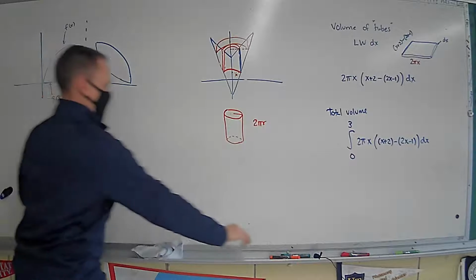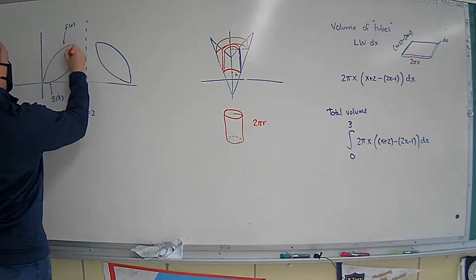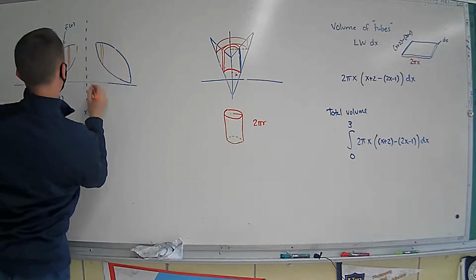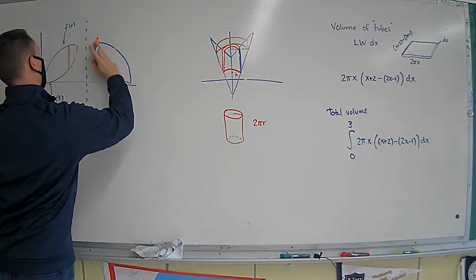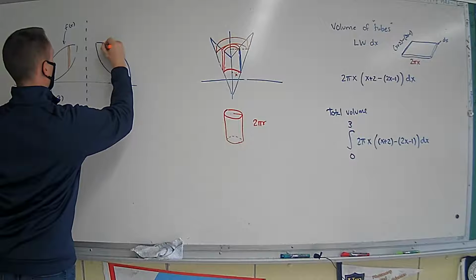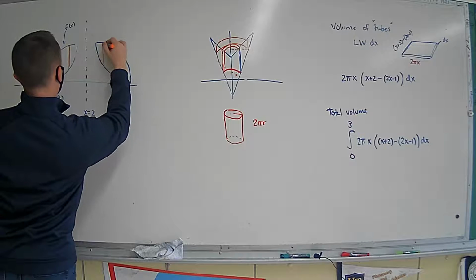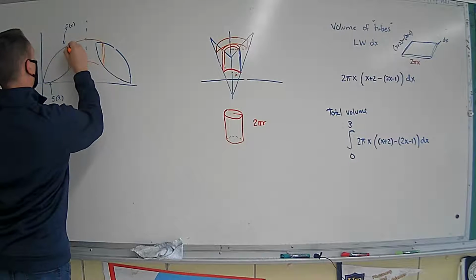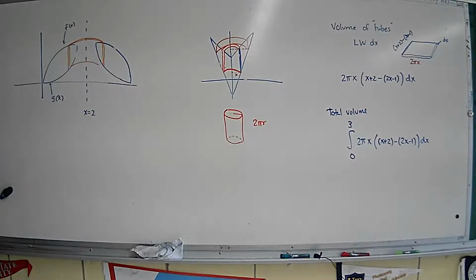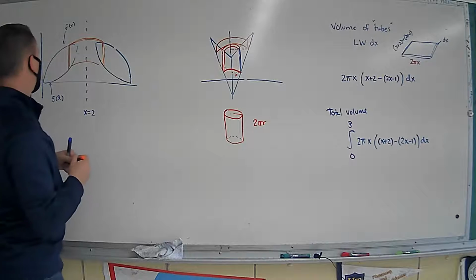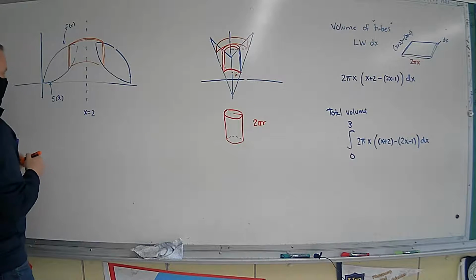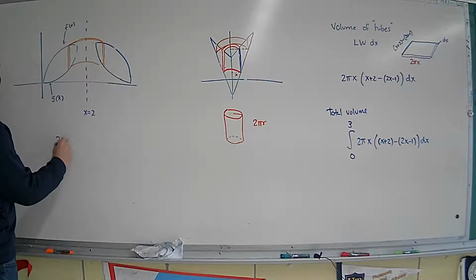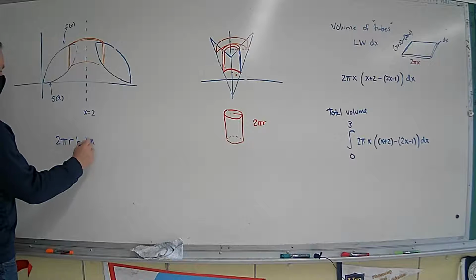Okay? And the shell will look like this. So I can say that there's sort of a formula that the volume of one of these shells is going to be 2 pi r h times the thickness.